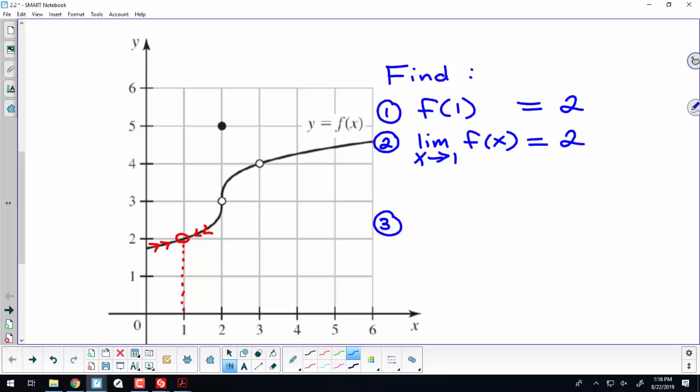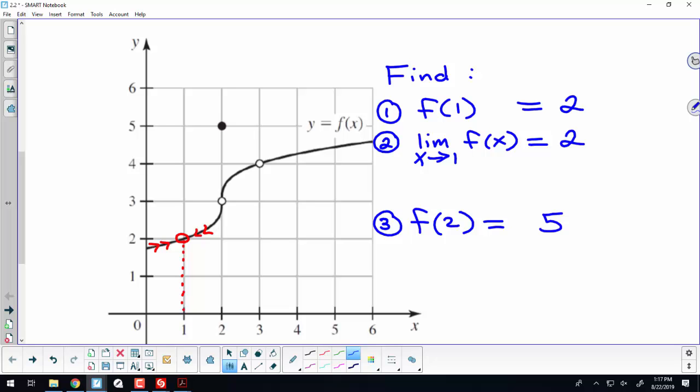Okay. What about evaluating f of 2? F of 2 equals 5. Does everybody agree? Should it be 3? No. Is the function actually defined right here at x equals 2?